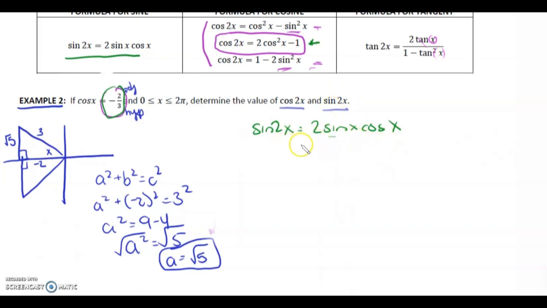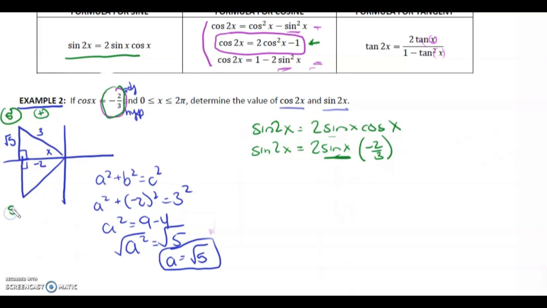So what ends up happening is we're going to have to go, okay, sine of 2x equals 2 sine x, and then we're going to have a cos x, which is negative 2 over 3. Okay, so that's fine. Here's the issue. This sine x, if in the second quadrant, is going to be positive.